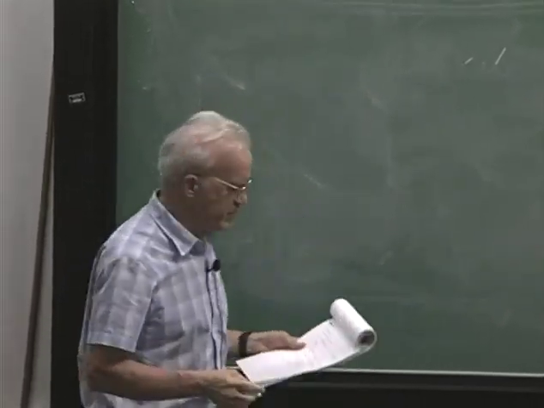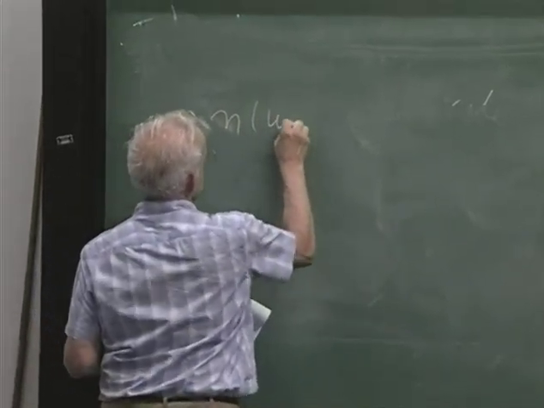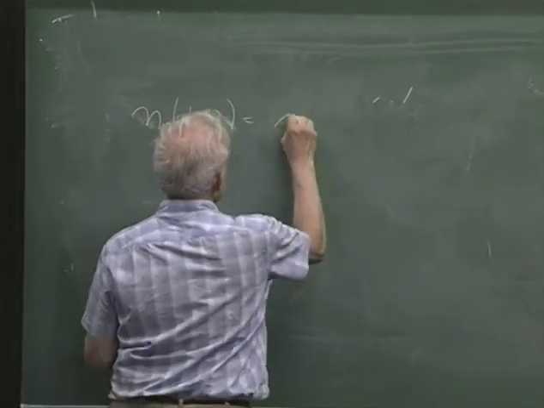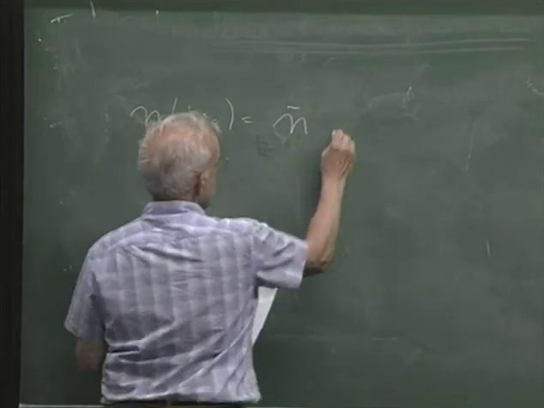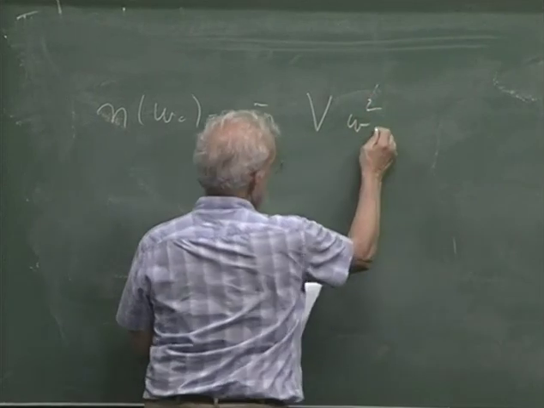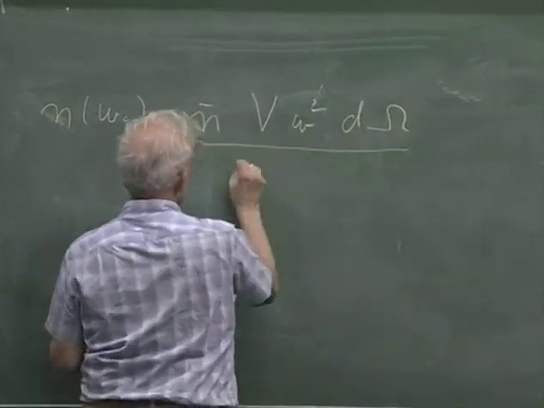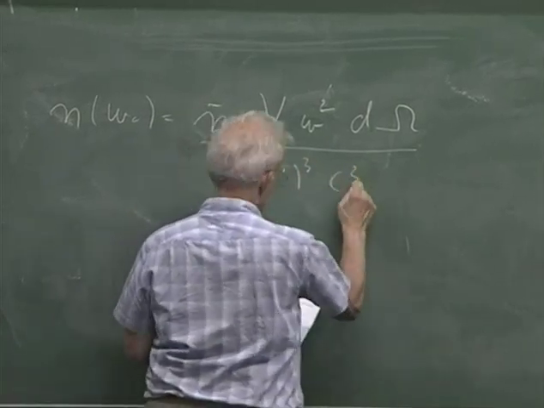You'll impose periodic boundary conditions, and the density of modes then is given by the mean occupation number per mode times V times omega squared times d solid angle omega divided by 2 pi cubed times c cubed.